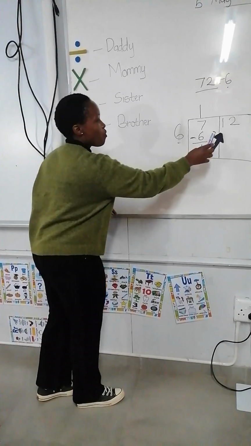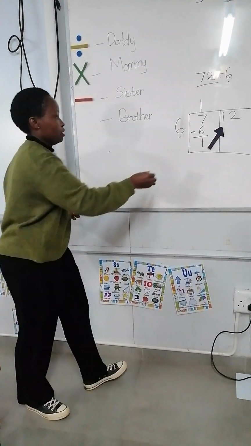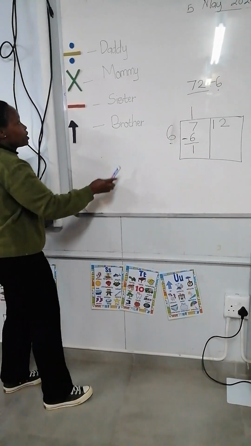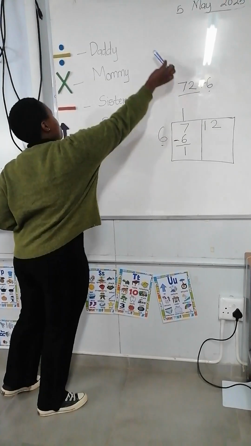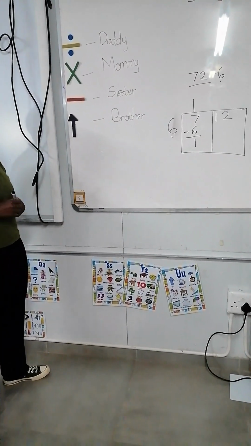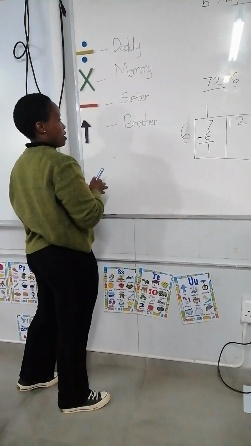So now what number do we have here? 12. Now we go back again to following our rules of dividing. We are now going back to step number 1.